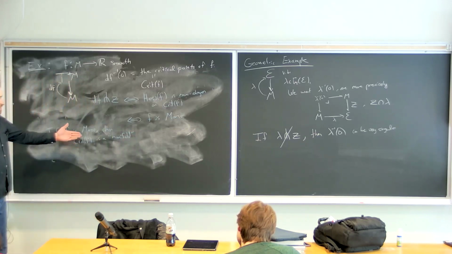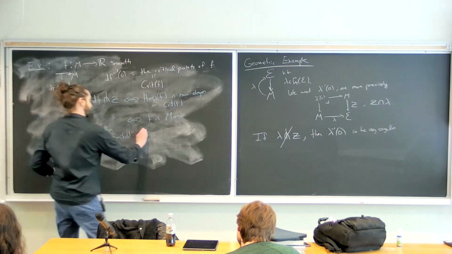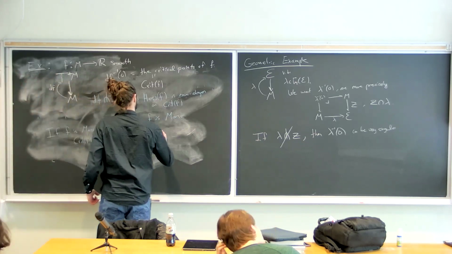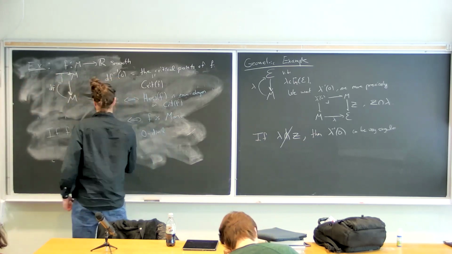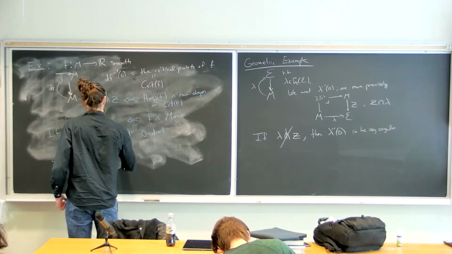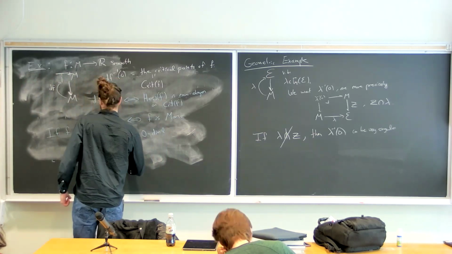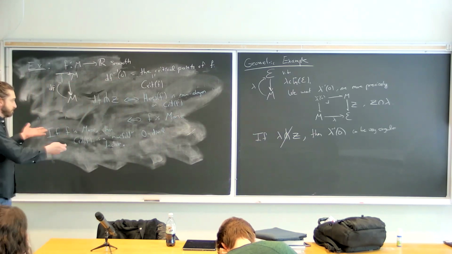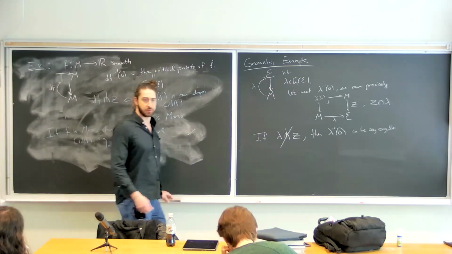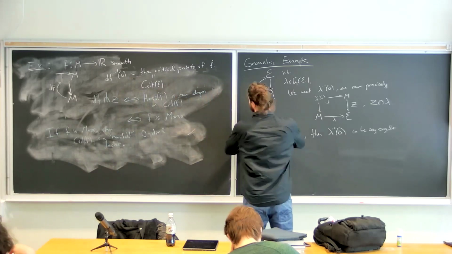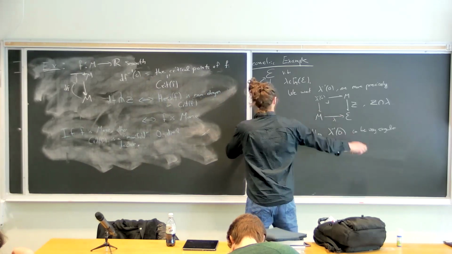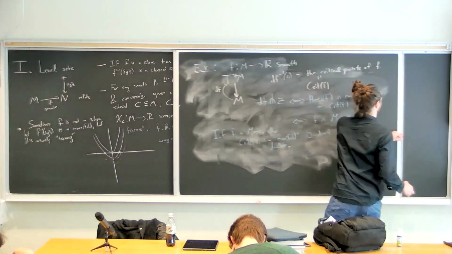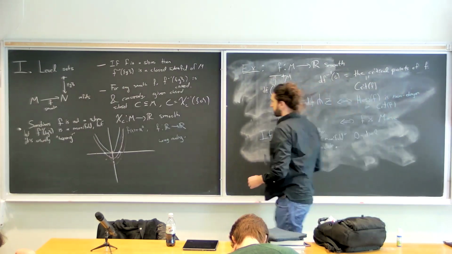It is a manifold, but it's discrete, just because of dimension counting. So it's 0 dimensional, so it's just discrete. But if it's not Morse, then it could just be some arbitrary closed set. So that's an issue. Okay, so I'll just pretend this is in here.